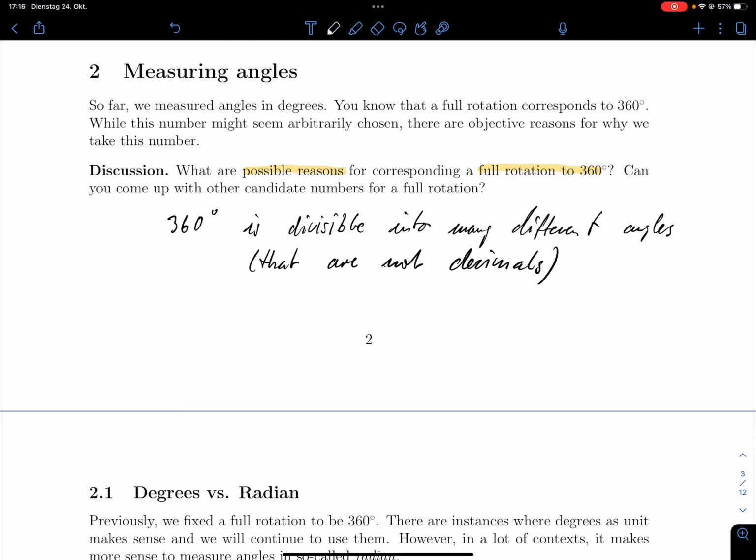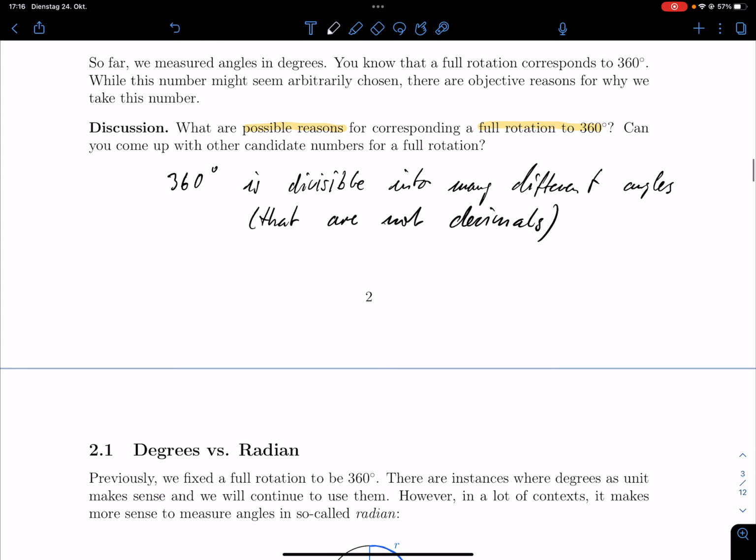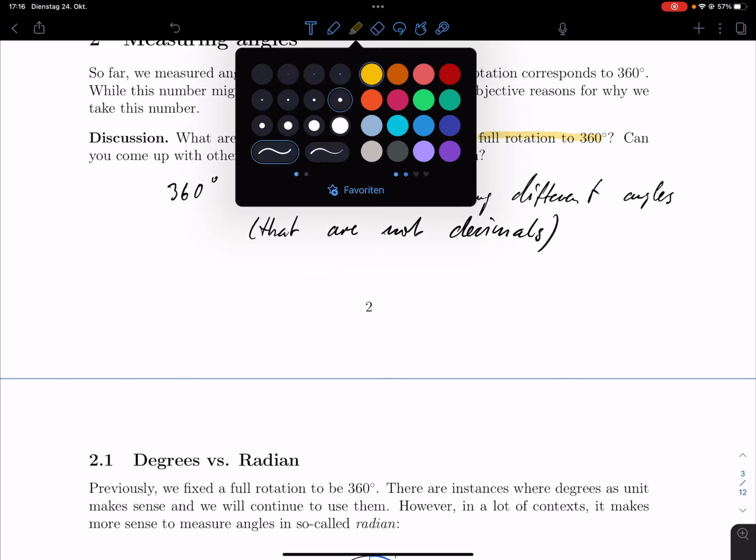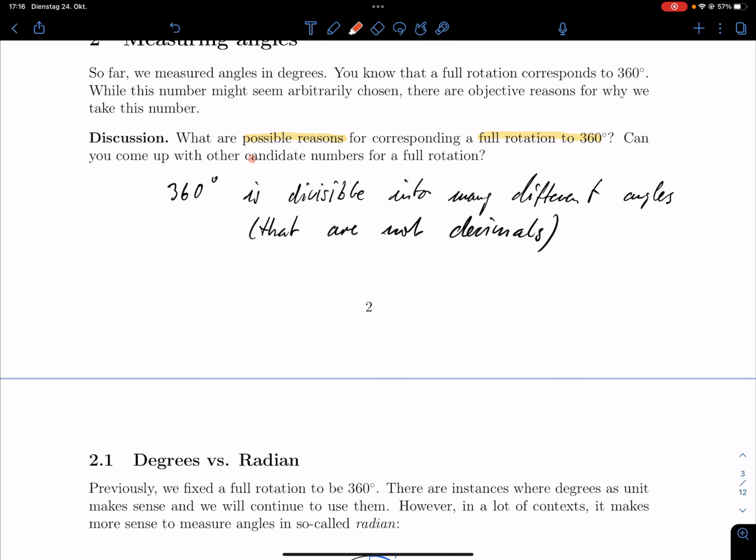So then the question is begged, what would be another candidate for a full rotation? Of course, you could take 720, 1080, stuff like that. Very possible. There is one mathematically motivated candidate number, and that is 2 pi. And we're going to explain in a moment why.